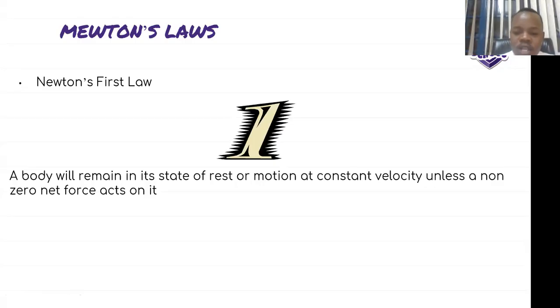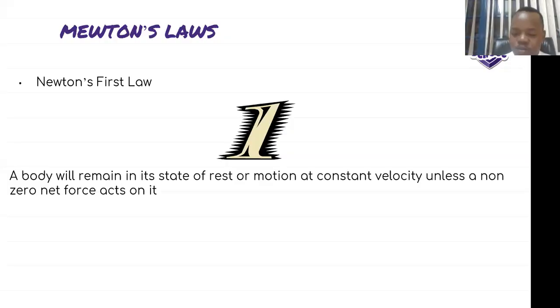It will be at rest unless there is a net force greater than zero. If I now come and push the object, the net force is no longer zero, and then that object is going to move. It will not remain in its state of rest anymore.